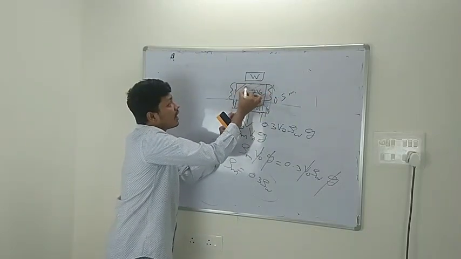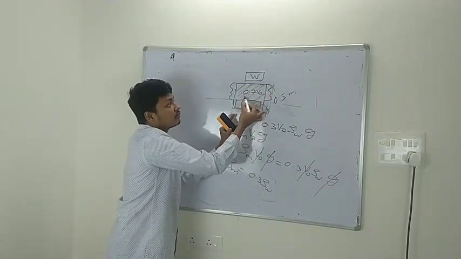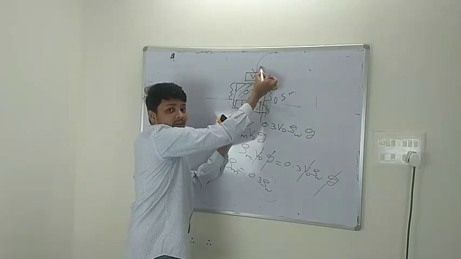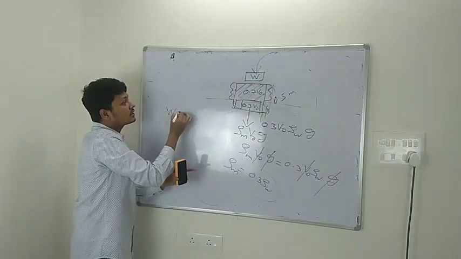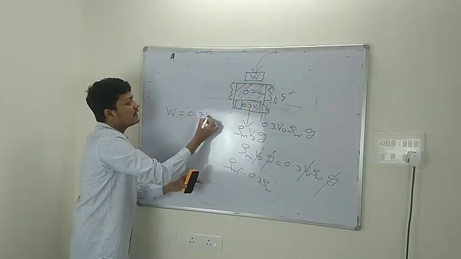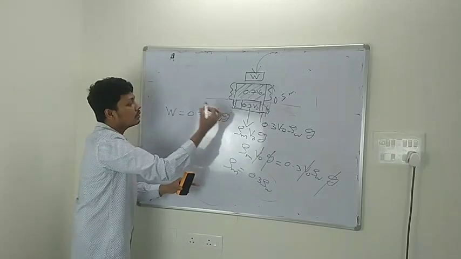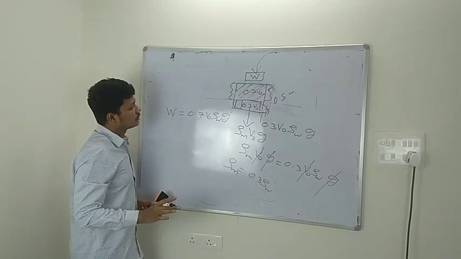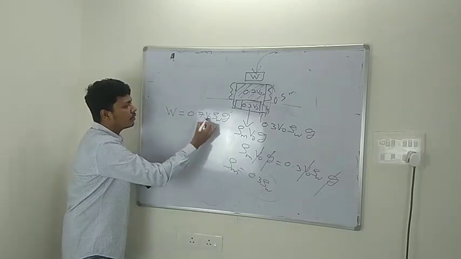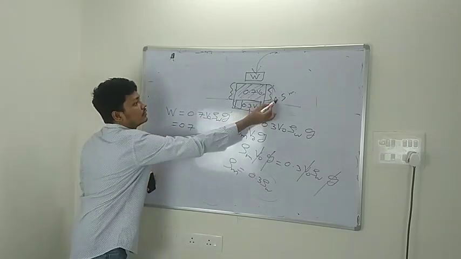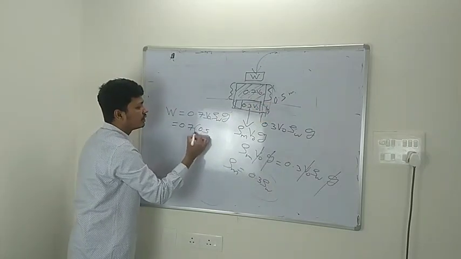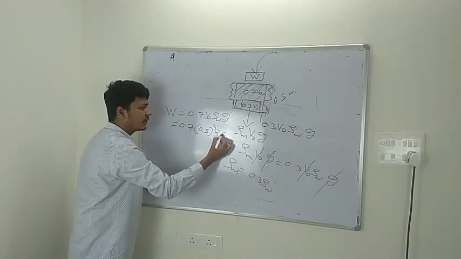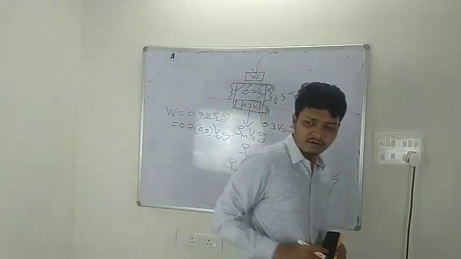Now this much weight of water can be balanced by another W. So this W must be equal to 0.7 V naught times density of water times g. V naught is 0.5 cubed, density of water I know, g I know. Clear or any doubt? Please comment.